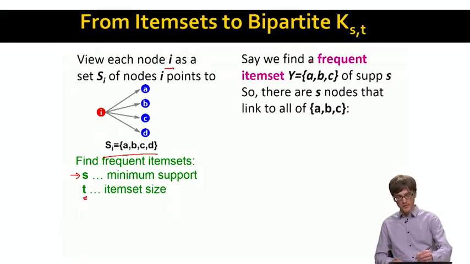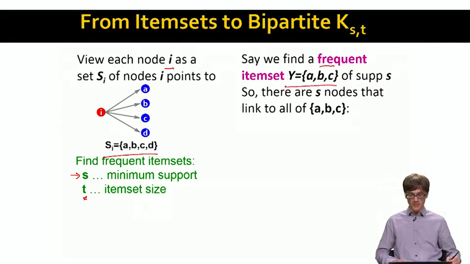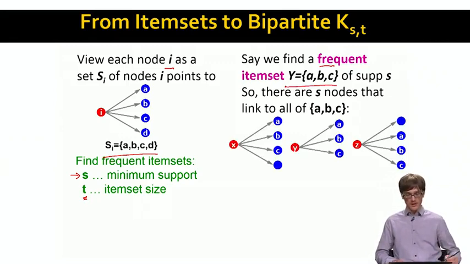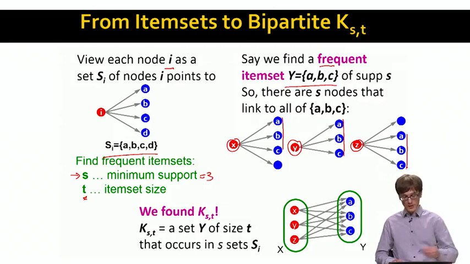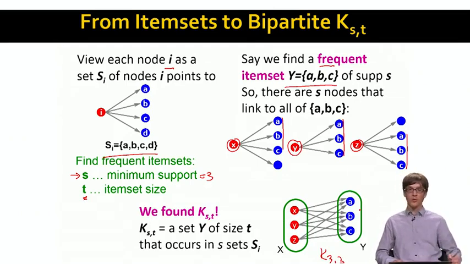Now, if I found a particular item set that I call frequent, with entries A, B, and C, this basically means that there are at least 3 other nodes in the network, because the minimum support threshold in this case equals 3, that all point to my set of nodes A, B, and C. This in turn means that we have discovered a bipartite subgraph K3,3, where nodes X, Y, and Z point to nodes A, B, and C. So in this sense, we have found exactly what we wanted. We found a complete bipartite subgraph.